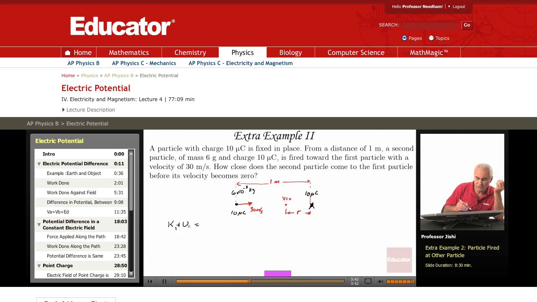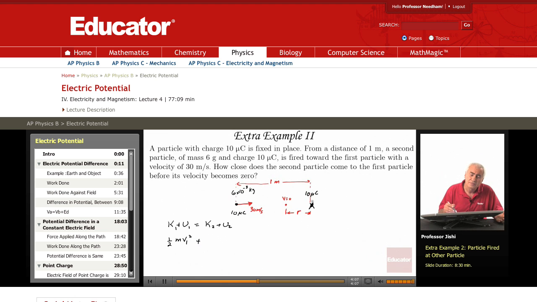So K1 plus U1 is K2 plus U2. At the initial position, K1 is half m v1 squared plus U1.